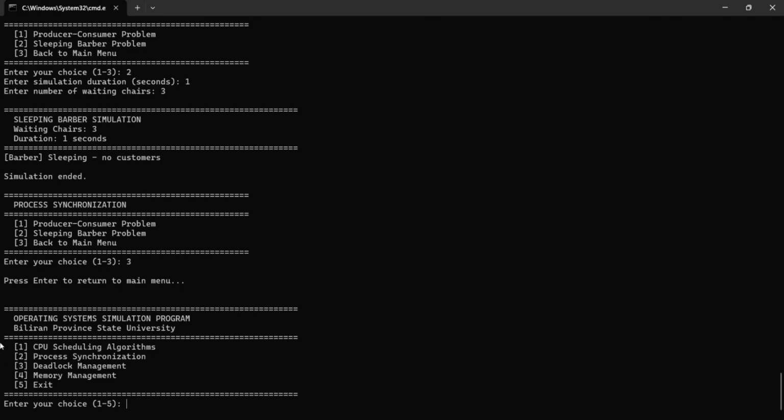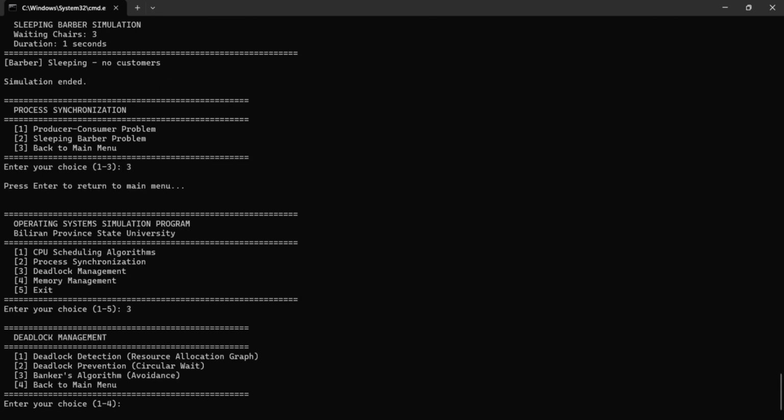The third module demonstrates deadlock management. Deadlock occurs when multiple processes are waiting indefinitely for resources held by one another, causing the system to stall. To address this issue, our program implements several deadlock-related techniques. The first utilizes the Resource Allocation Graph, or RAG.